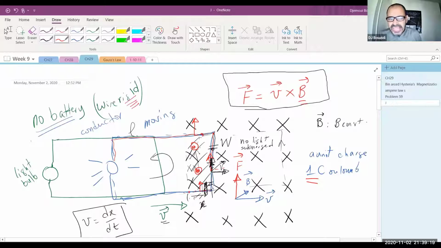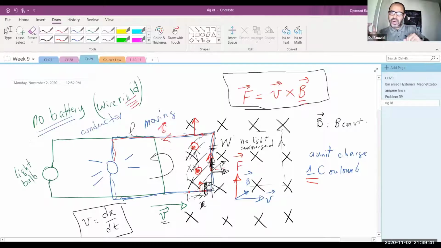So this magnetic field is not the applied magnetic field, B, that is inward. This is the one that is being created by this EMF. As this EMF is counterclockwise and there is a current now, this is the current I, flowing in this direction.